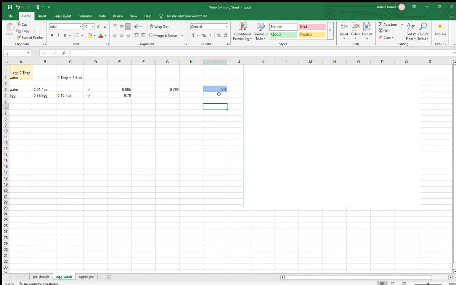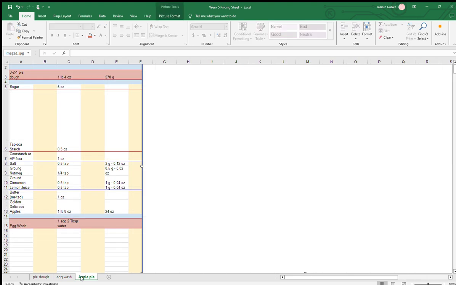You need to keep this to the side as well to make sure that you have all of the things that you need to do the rest of the pricing sheet. We're moving on to the last one, where now we're actually doing the pricing sheet or the costing sheet for the apple pie. So we have the 321 pie dough.